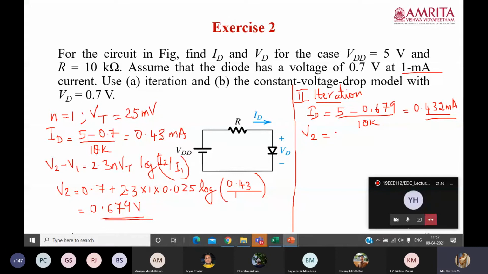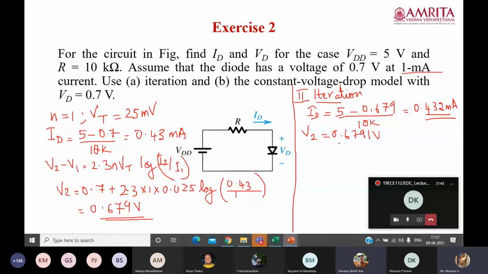Sorry, V1. V2 you have to find out. First iteration values will be the initial currents for the second iteration. Fast, what is V2? Ma'am, 0.679.